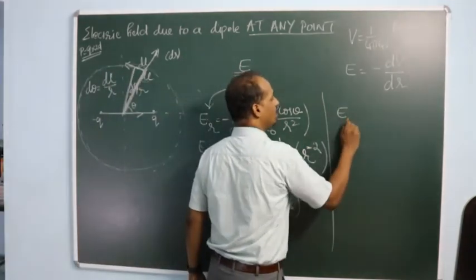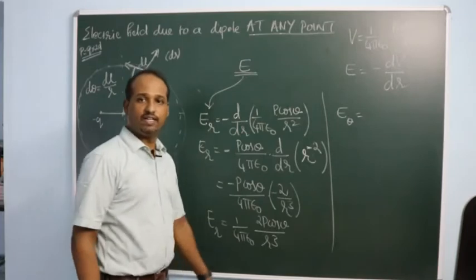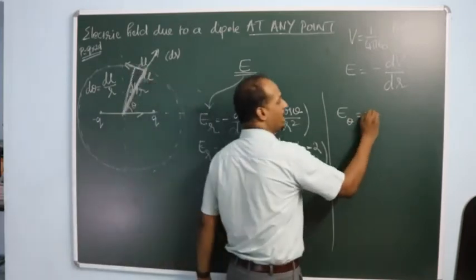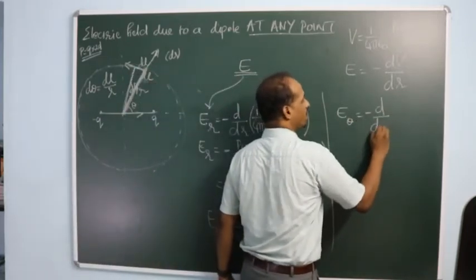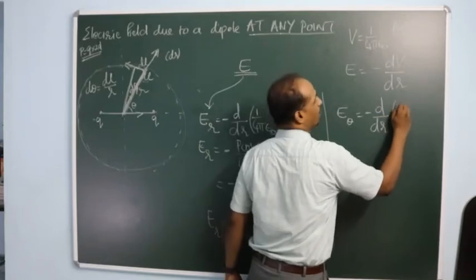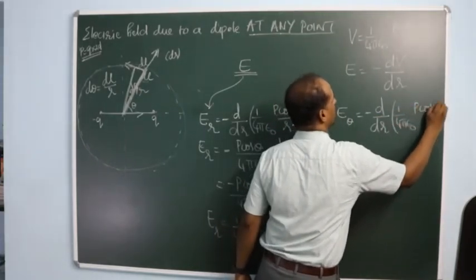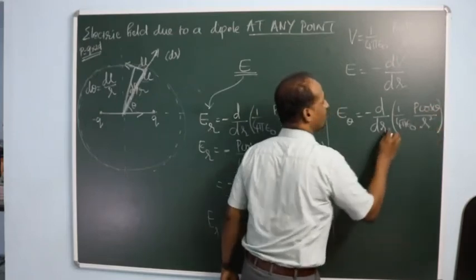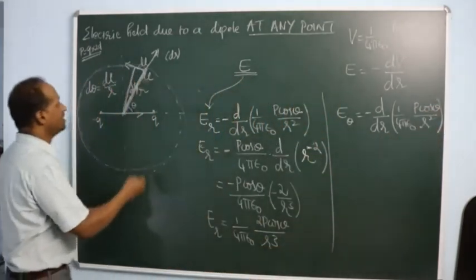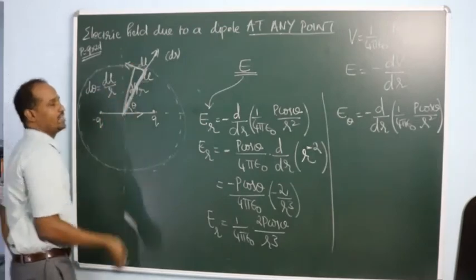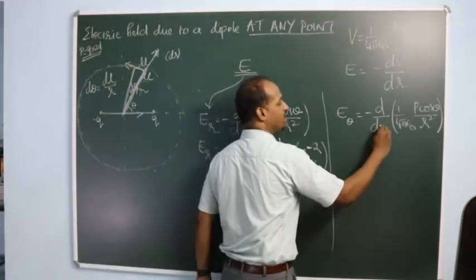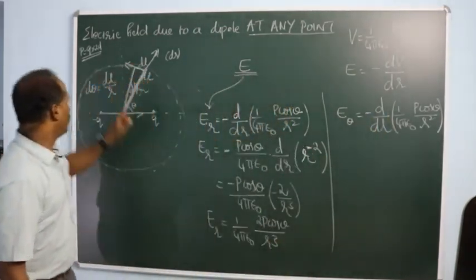So the electric field when theta changes will be minus of d by dl of V, where V is 1 by 4 pi epsilon naught P cos theta by r square. But here, the change in distance along this way is what we call dl. That is why this dr becomes dl.